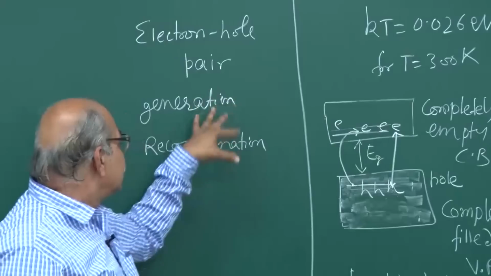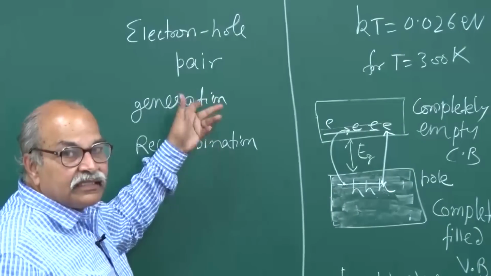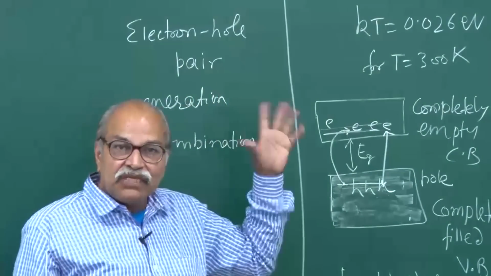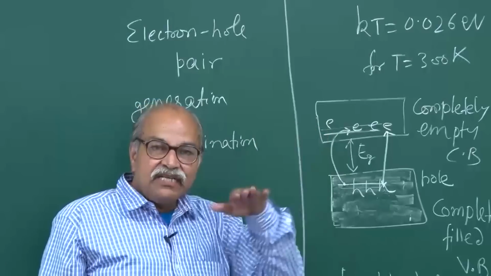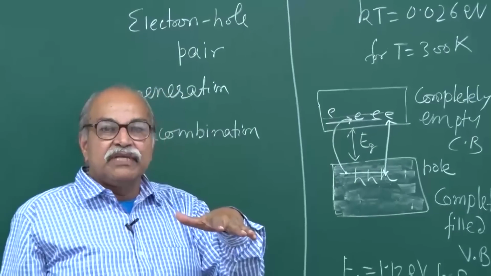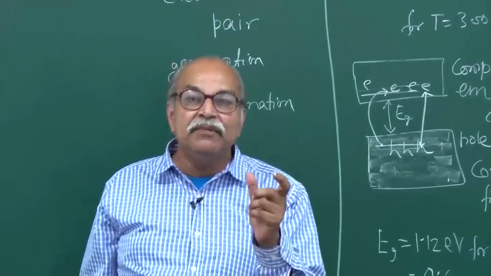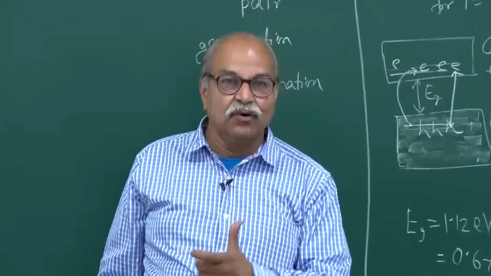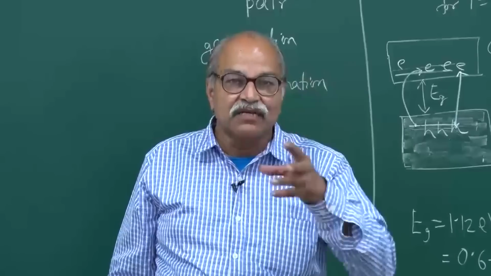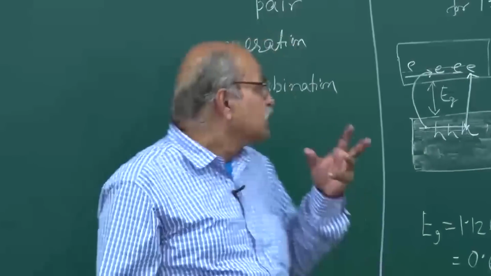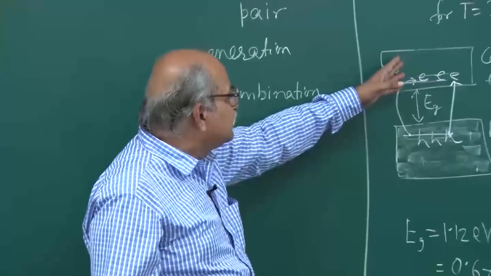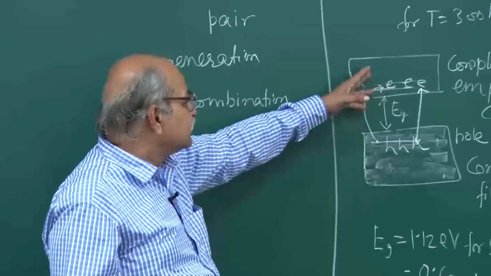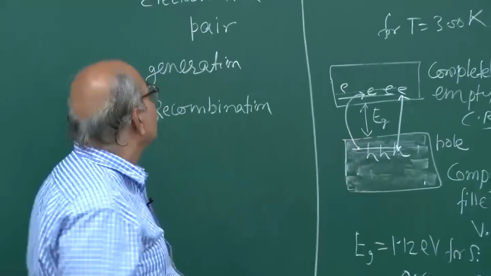So, this kind of recombination generation process will go on, and at any given temperature there will be an equilibrium number of electrons and holes per unit volume. So, an equilibrium density of these charge carriers, these electrons and these holes.